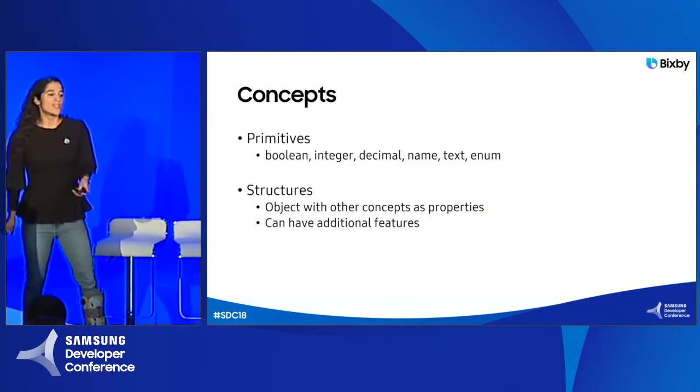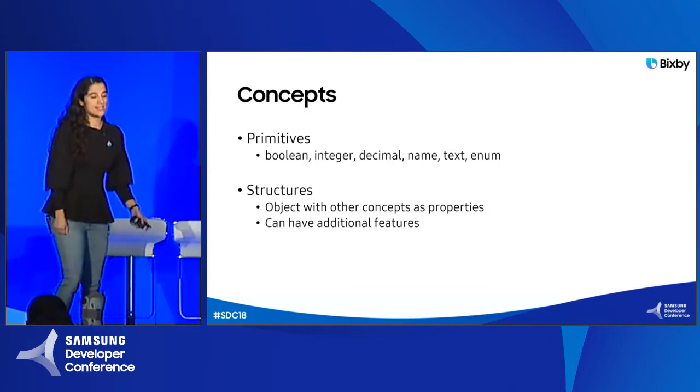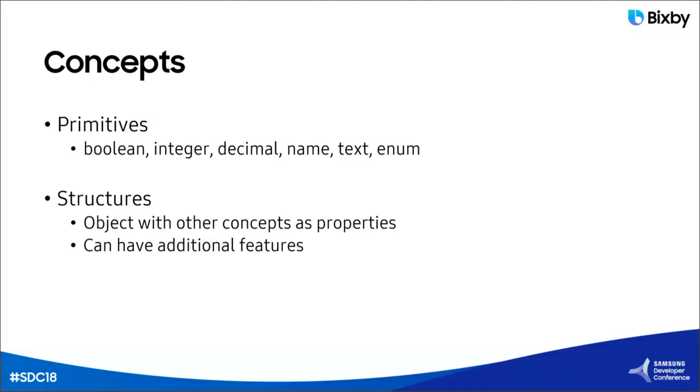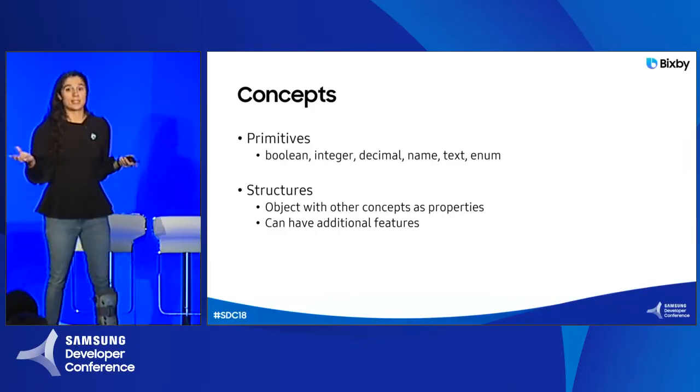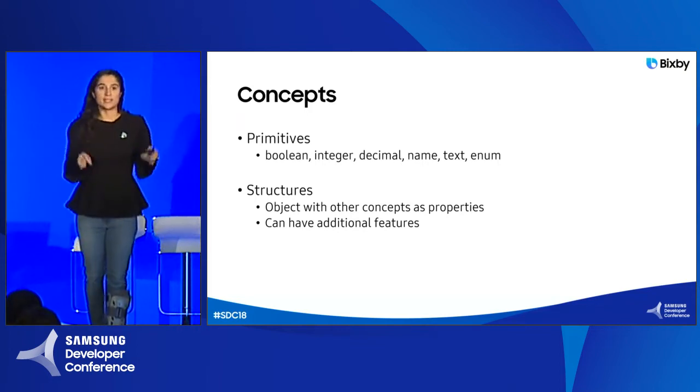All right, so let's get to the actual meat of Bixby development, and that is the modeling. When we do modeling in Bixby, what we are doing is creating this conceptual representation of the world for Bixby. But we're not trying to recreate every single item that we see in the real world.